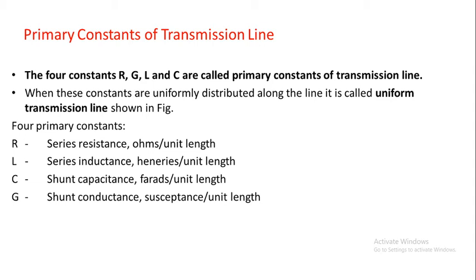These four primary constants are measured per unit length, because they are uniformly distributed over the length. The units are ohm for resistance, Henry for inductance, Farad for capacitance, and Siemens or mho for conductance, all per unit length.